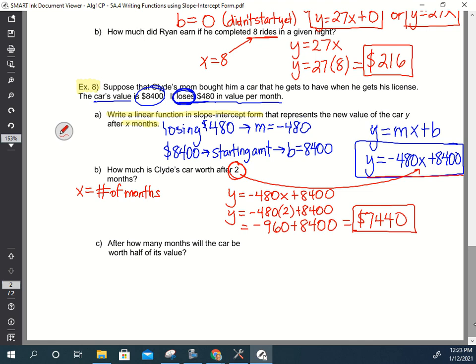So x is the number of months, y is the new value of the car. Any questions before we do part C?